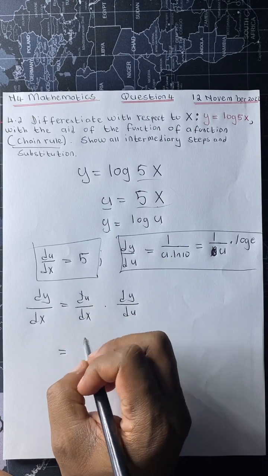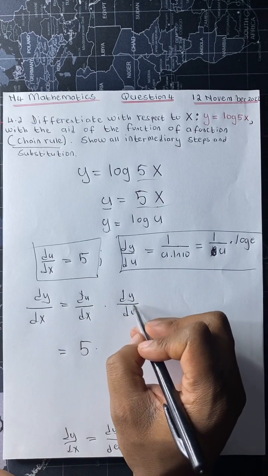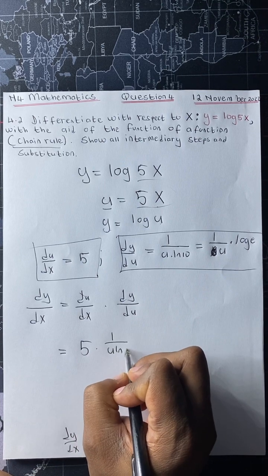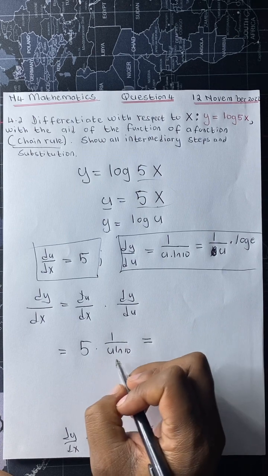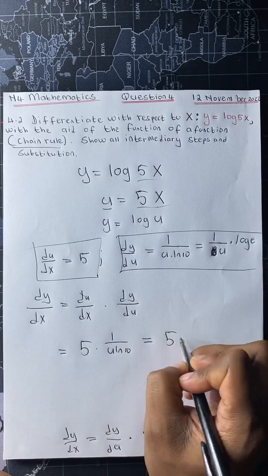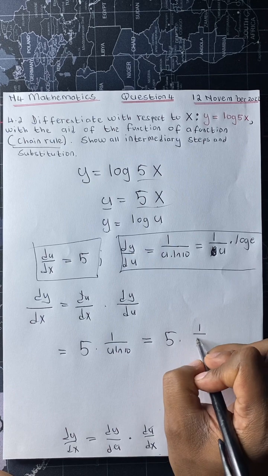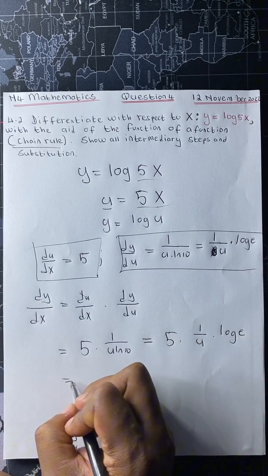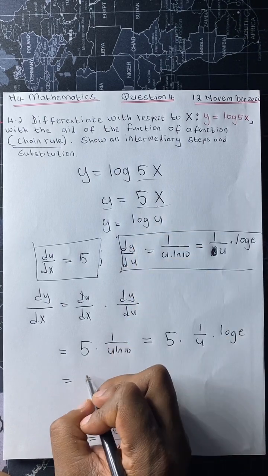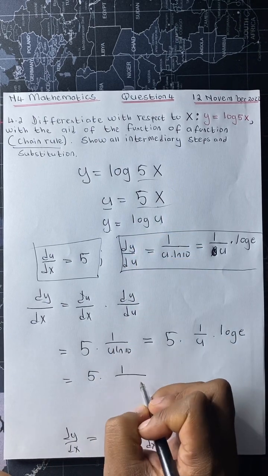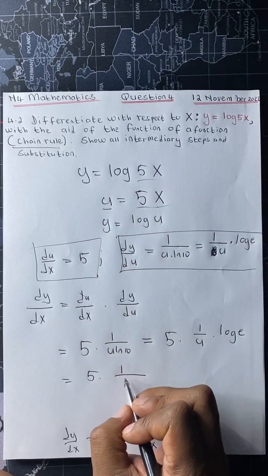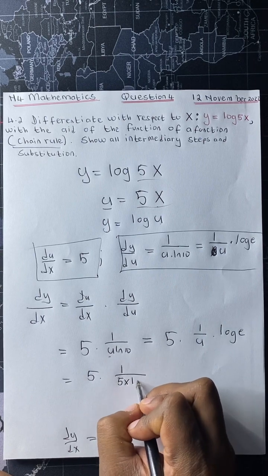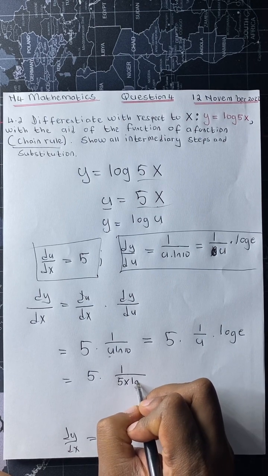So du over dx is equal to 5, and dy over du is equal to 1 over u ln 10, or we can also write this as 5 multiplied by 1 over u multiplied by log e. But we know that u is equal to 5x, so let's bring back the 5x in the place of u. Where there is u, we now substitute 5x, because 5x is equal to u. So this is supposed to be ln 10.